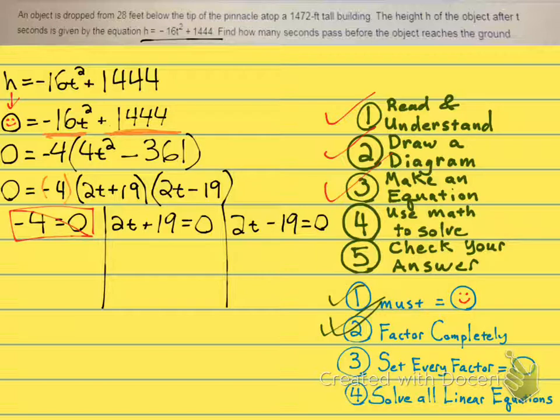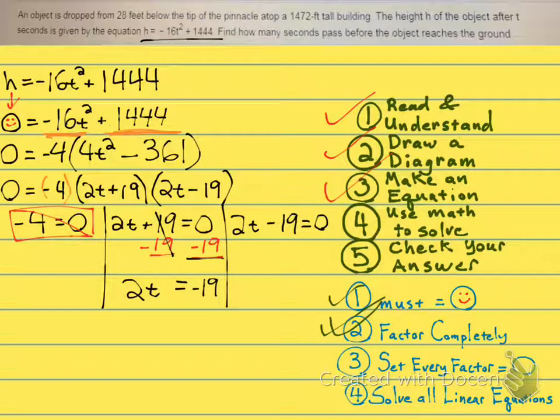2t plus 19 equals 0. All right, I need to get grumpy old t all by herself. I'm going to need to get rid of that plus 19. So I'm going to subtract 19 on both sides of the equal sign. These two turn into a 0. So I have 2t equals 0 minus 19 is -19.